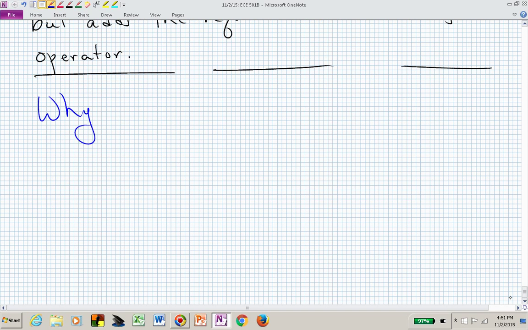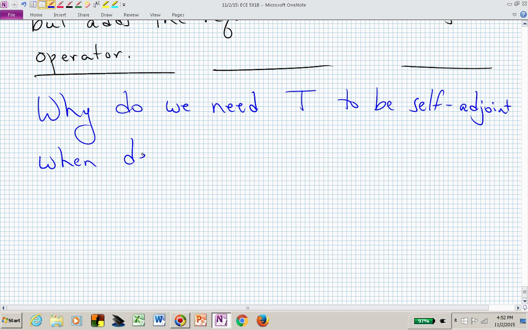Let's now see why we need that. Or why do we need this linear operator T to be self-adjoint when dealing with real inner product spaces?